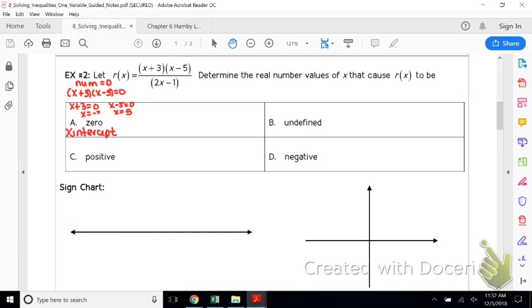And solve for x. And so we found our zeros are going to be at -3 and at +5.